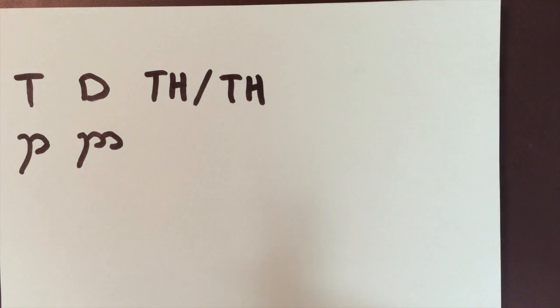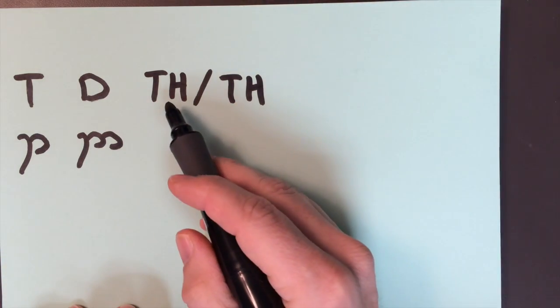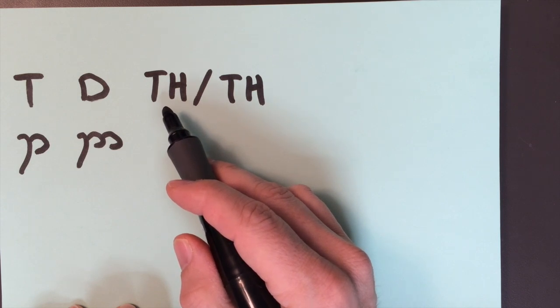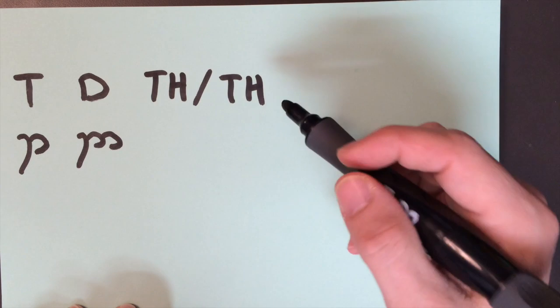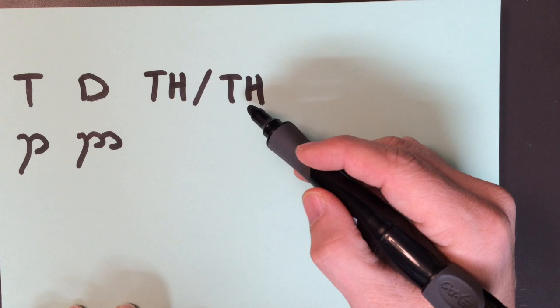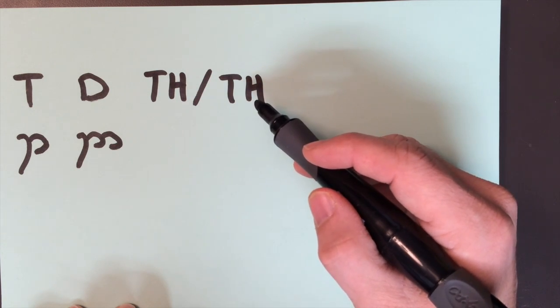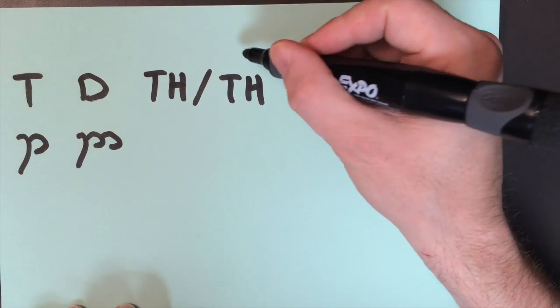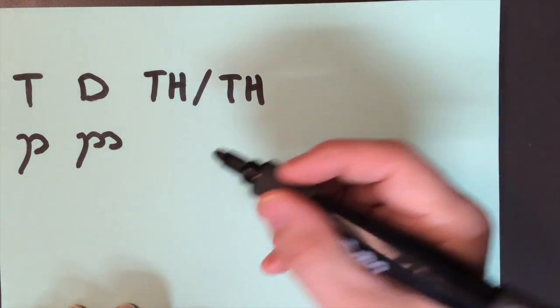For the letters TH, this is the example where you make a th sound. This is going to be for when you're making the sound. The other is kind of almost a D sound, a DH.